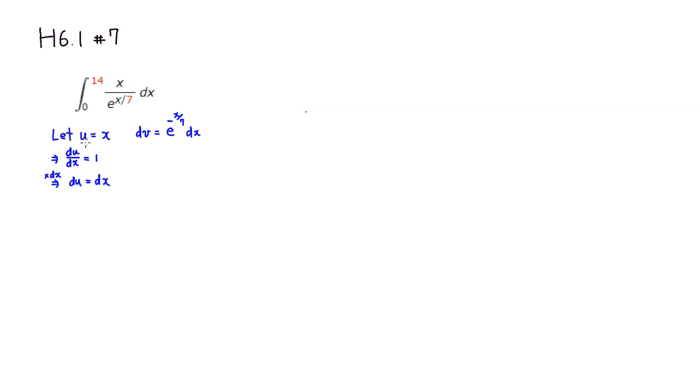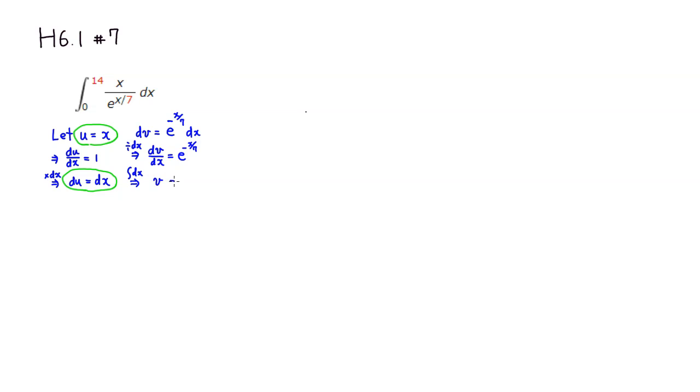We're going to need u and du, and we have to get a v out of this. So we have dv over dx equal to e to the negative x over 7. Then we can extract v by taking the antiderivative with respect to x.